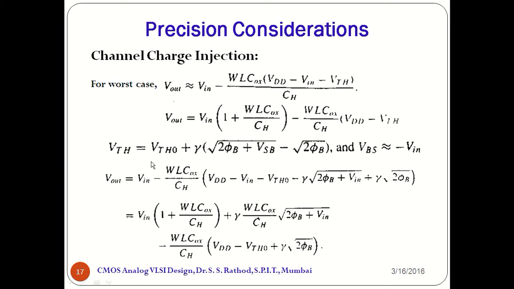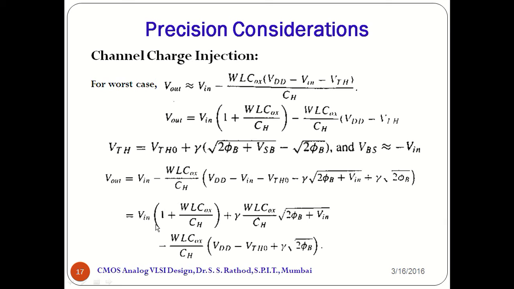Therefore, you can say VBS is equal to minus Vin. Thus, Vout is equal to Vin minus WLC0X by CH times (VDD minus Vin minus VTH), and you substitute this threshold voltage entire formula over here. Simplify the equation, you finally get this answer.